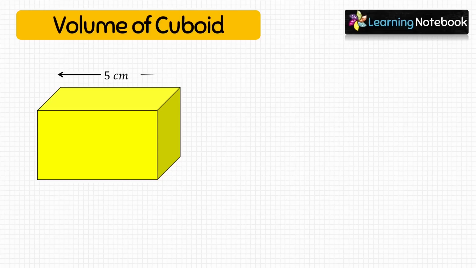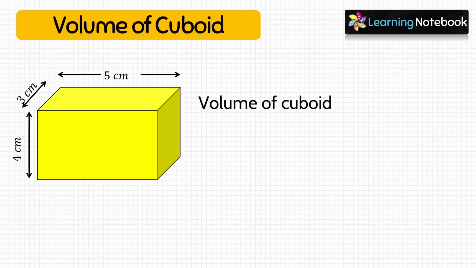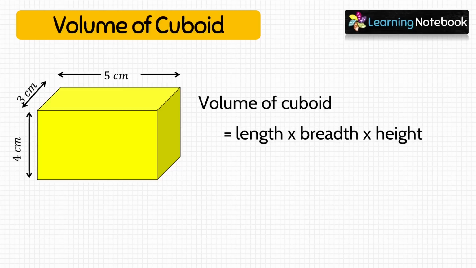Suppose we are given the length of a cuboid as 5 cm, breadth as 3 cm and height as 4 cm. So to find its volume, we will multiply length, breadth and height. So let's put the values here.